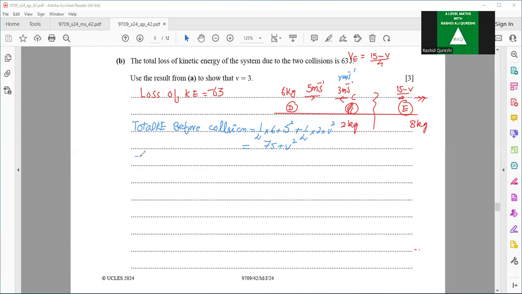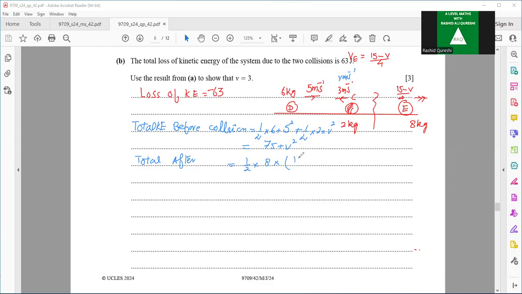So what will be the total kinetic energy after the collision? After the collision, that will be half times the mass of the particle E, which is 8 kg, times v square.